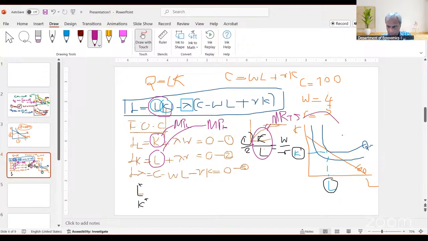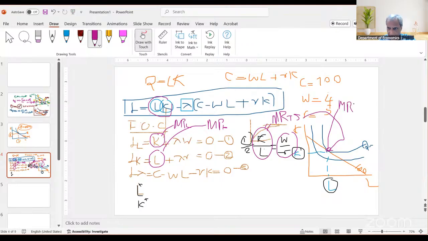So this equality only happens at this point, because it equals W divided by R. Directly also, if I don't ask in the exam to use the Lagrangian process, to answer this question directly, you can start from here using this condition, like what is the MRTS.